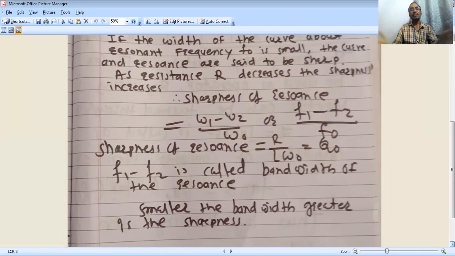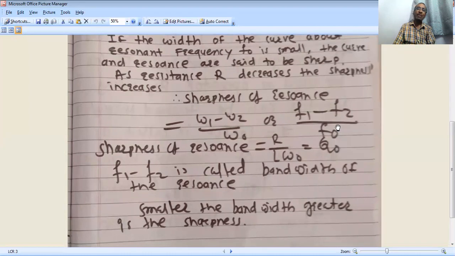How wide is the band? The smaller the bandwidth, the greater the sharpness. Therefore, in this equation, F1 minus F2 should be smaller, then sharpness is more.